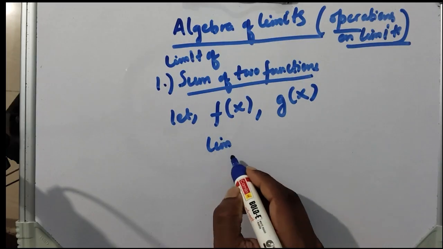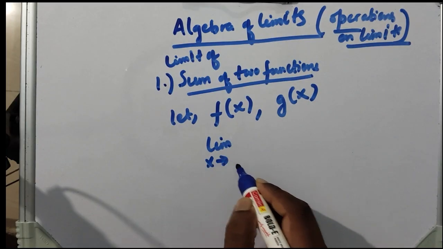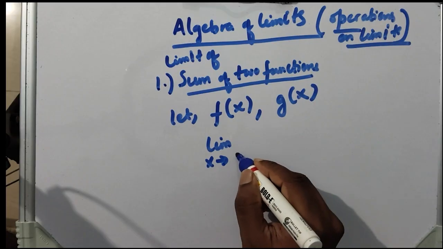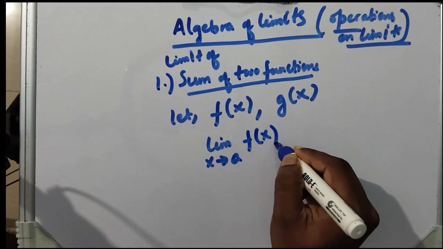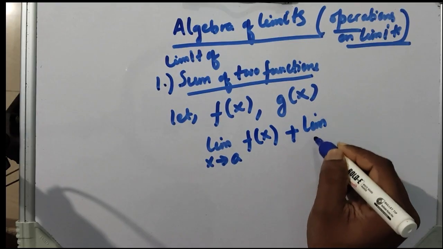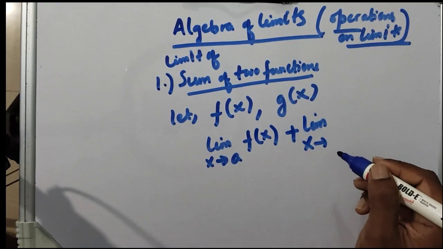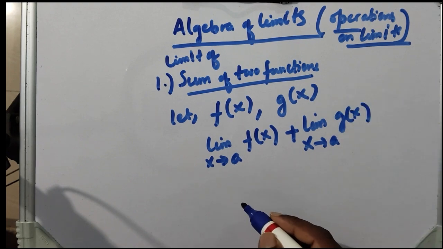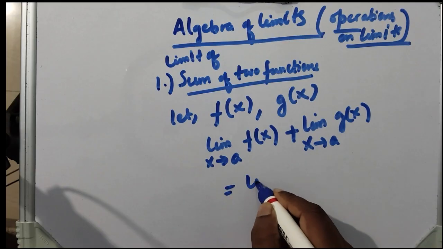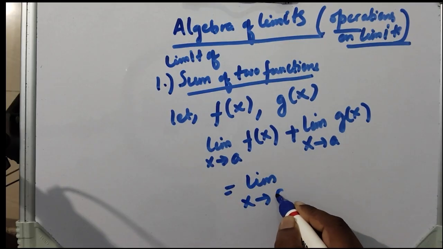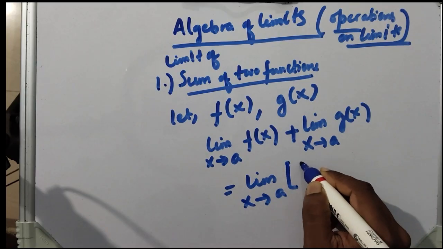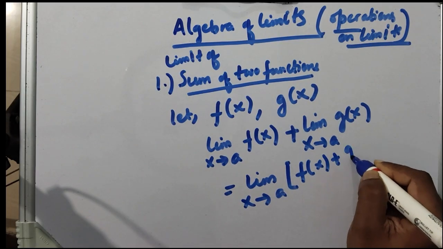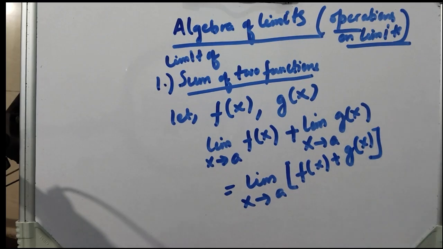The limit as x tends to a of f(x) plus the limit as x tends to a of g(x) can be written as the limit as x tends to a of (f(x) plus g(x)). So this is the summation rule.